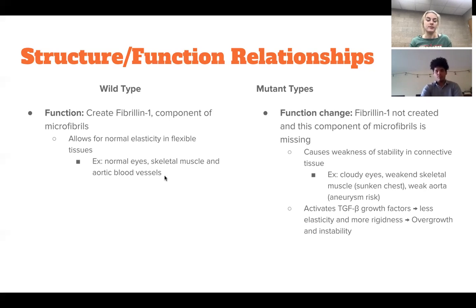Normally we have elastic blood vessels that can constrict and dilate normally, but when we don't have this protein, then we get weak aortic muscles, which can lead to an easier time having an aneurysm, which then could potentially burst and be lethal, as a tear in your heart is usually lethal. But generally that is what is happening with the structure and function between the wild type, which again is the normal, most common type of not having this mutation, and then the mutant type.